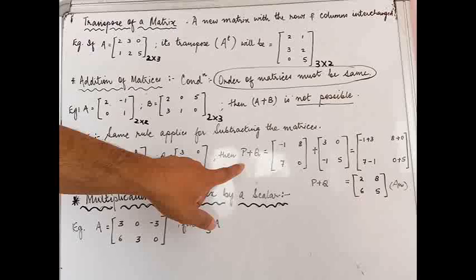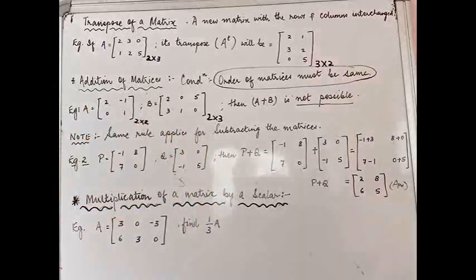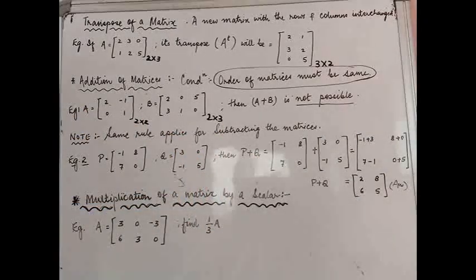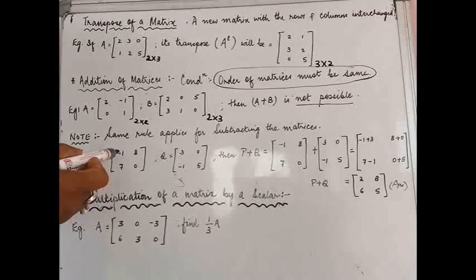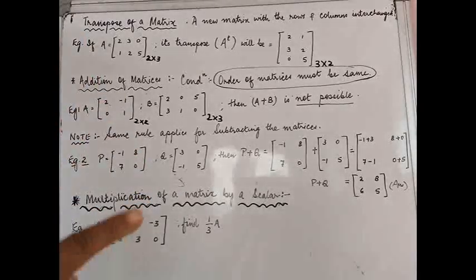Then if they ask for the addition of these two matrices P plus Q, how is it that you will add them? Now you see, the individual corresponding entries will be added.